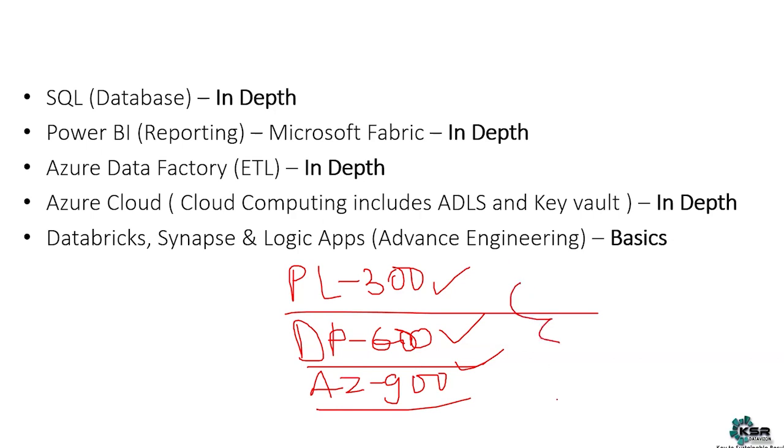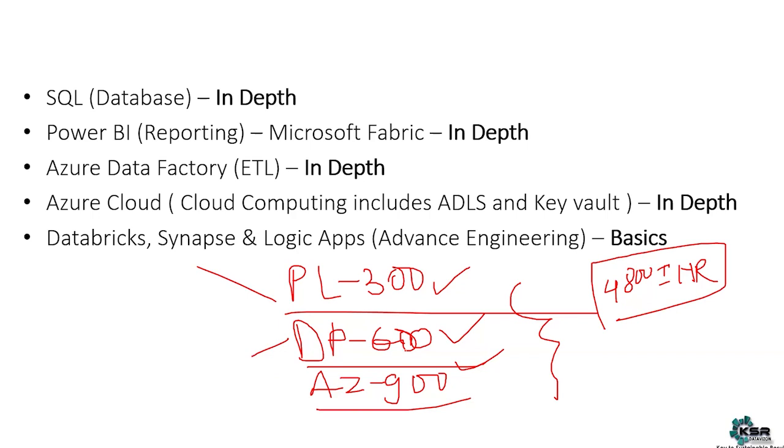And all 3 certifications would cost you 4,800 Indian rupees. So the course that you are outlining actually covers all 3 areas? Yes. PL 300 is with respect to end-to-end Power BI. DP 600 is more into what is Fabric, the architecture of Fabric, what services are present in Fabric, how you manage those services, how Fabric license is managed.